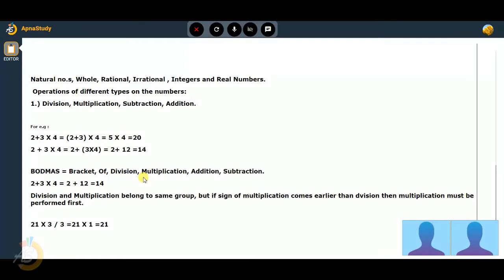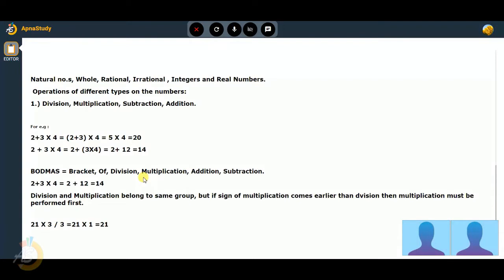Let's come to the question. 21 into 3 divide by 3. This was the question. Now I have told you that the exception is that division and multiplication belong to the same group.